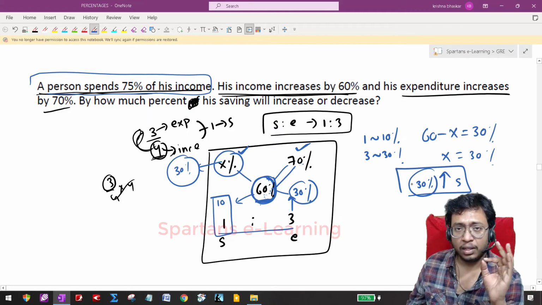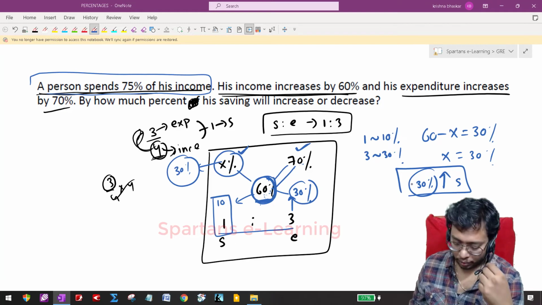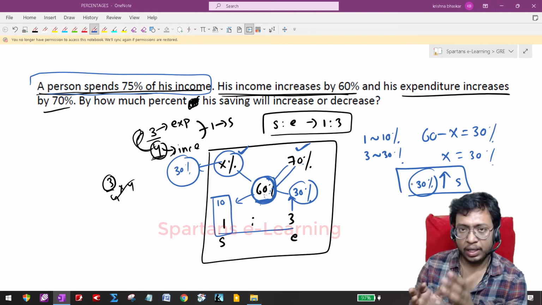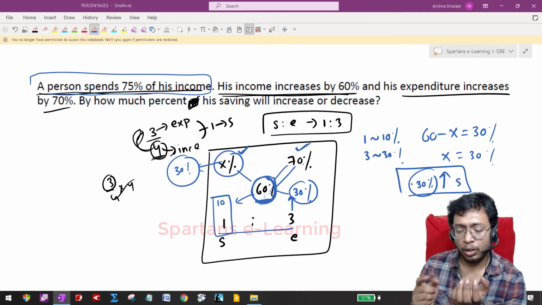This is the easiest approach to solve the question. Now let me explain this question once again. He said that the ratio between savings and expenditure is 1:3, correct? You want to find whether savings is increasing or decreasing.